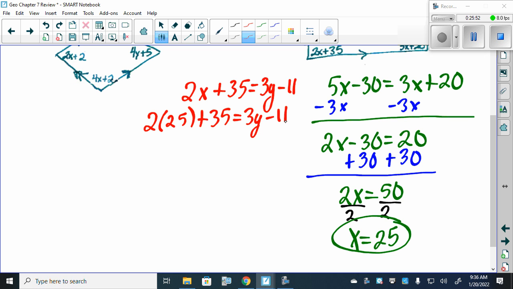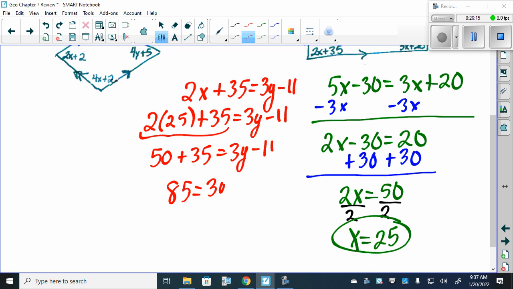Exactly, so we can plug 25 in. 2 times 25 plus 35. Really, if we wanted to, we could type this entire side into the calculator because it's all numbers. Right, because 2 times 25 is 50. And 50 plus 35 is 85, which is equal to 3y minus 11.